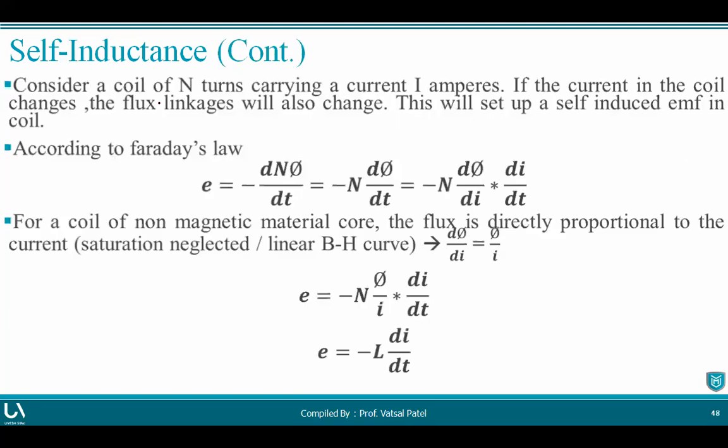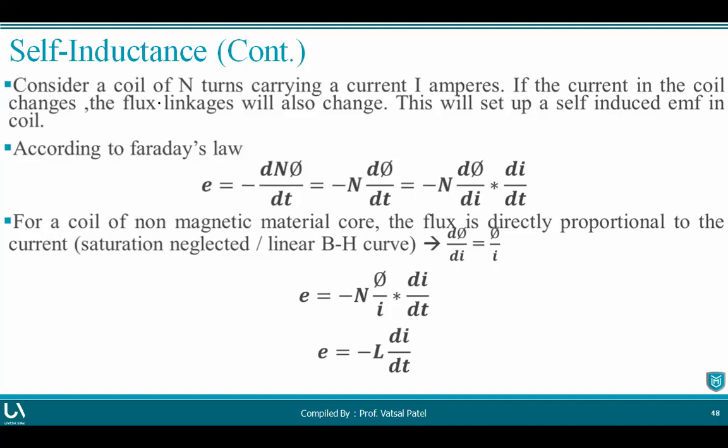So E is equal to minus N d phi by dt, and d phi by dt is just rearranged here as d phi by di multiplied by di by dt. For a coil with a non-magnetic core, the flux is directly proportional to the current. That is, saturation is neglected because of the linear BH curve. What the magnetizing curve is, I will show you, right?